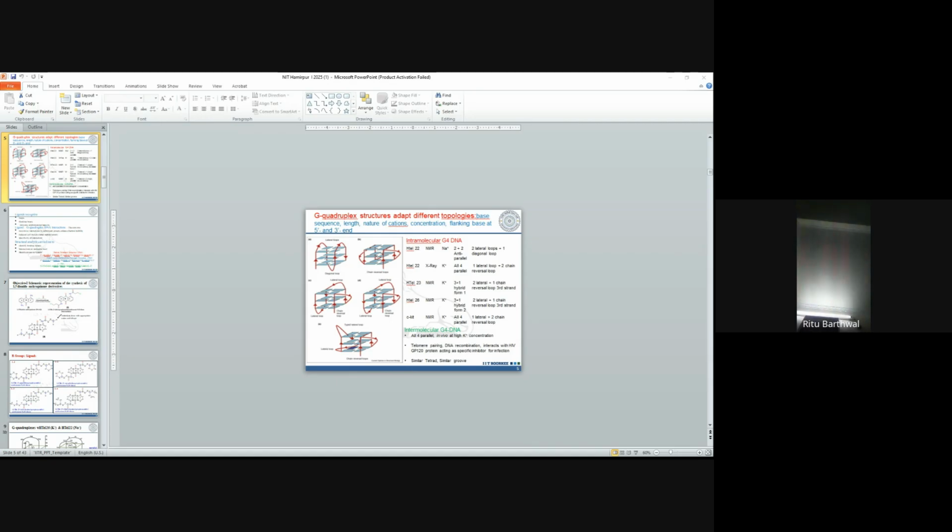Another thing is, outside the tumor, it should not be toxic. It should not affect the other DNA in other portions. It should affect only the promoter of the oncogene, or the telomeric DNA, any DNA which you don't want to elongate.